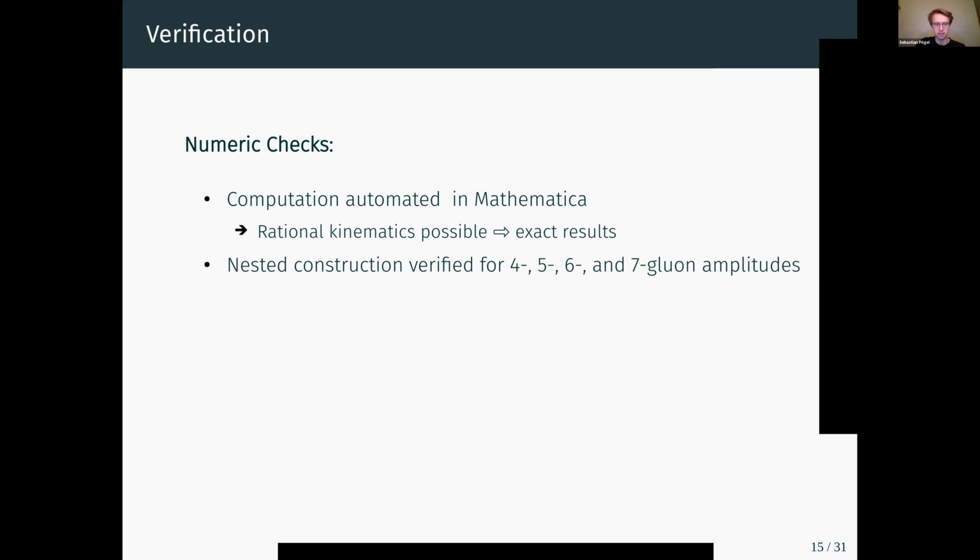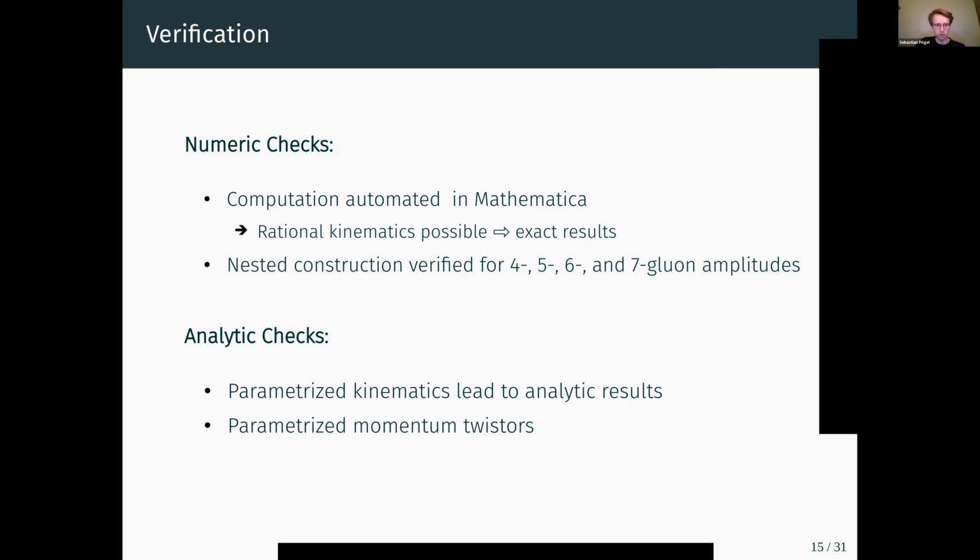Using the software, we were able to verify this kind of nested construction for 4, 5, 6, and 7 gluon amplitudes, essentially for all the cases where previous results exist. But the fact that this is all implemented in Mathematica also allows us to use parameterized kinematics to obtain analytical results. In particular, we are using parameterized momentum twistors, which we have used to rederive compact 4 and 5 gluon expressions this way.